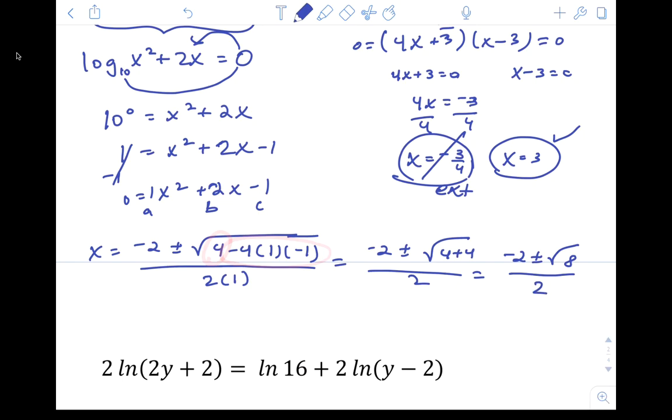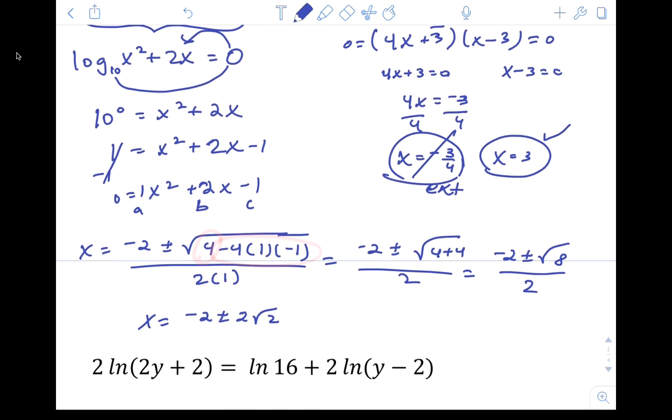Well, 8 is 4 times 2, which square rooted is 2 root 2. So we have negative 2 plus or minus 2 root 2 over 2. Everything can reduce. I take out a 2 from each of those. So negative 2 divided by 2 is negative 1, and 2 root 2 divided by 2 is just root 2.